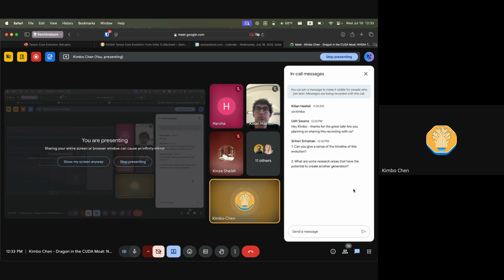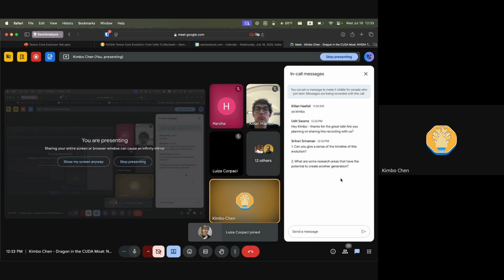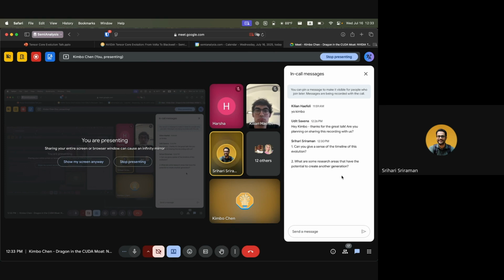Okay, second question: what are some research areas that have the potential to create another generation? I'm not sure what you mean by this question. If you can clarify a bit, that'd be great. I could try to provide some more detail.